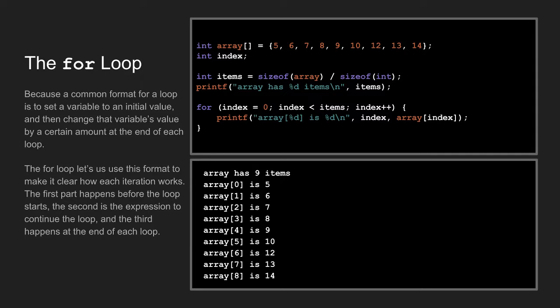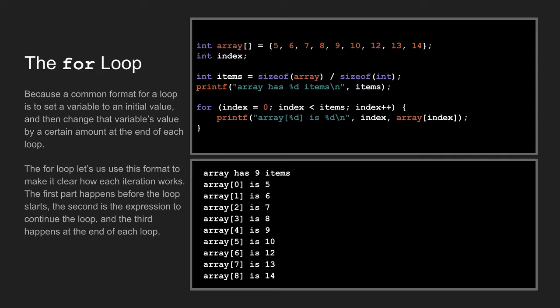The second statement there, between the two semicolons, is the check that occurs every time the loop is run. Before each loop is run, that test occurs, and if it's true, then the loop continues. Then the third statement, after the second semicolon, is executed at the end of each loop and is used to increment the counter in this case before the test occurs.